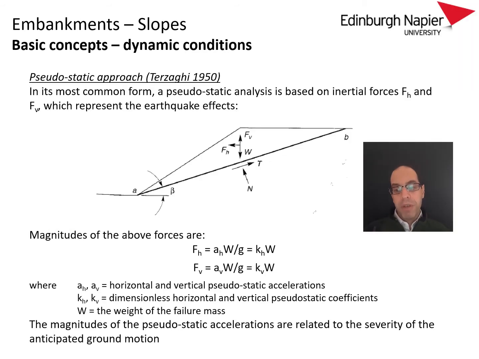You will not be surprised if we say that the way that we move from a static slope stability assessment to dynamic conditions is by using a pseudostatic analysis approach, in the same way that from Coulomb we moved to Mononobe-Okabe in retaining walls.